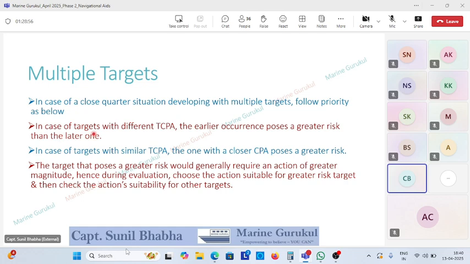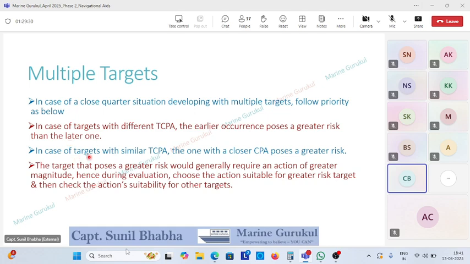In case of targets with different TCPA, that is the time to closest point of approach, the earliest occurrence poses a greater risk than the later one. So we check the TCPA of all the targets. The target having the minimum TCPA, which means earliest occurrence, poses the greater risk than the one whose TCPA is occurring at a later time.